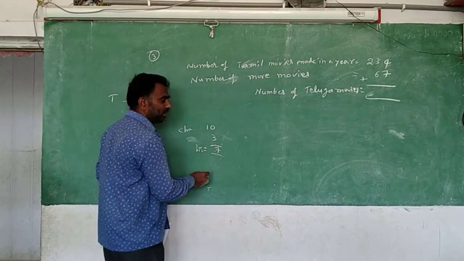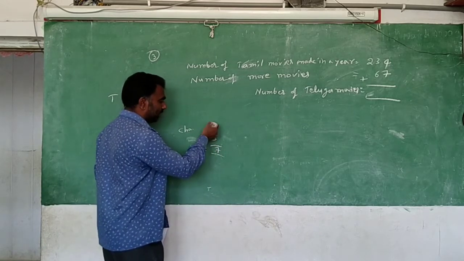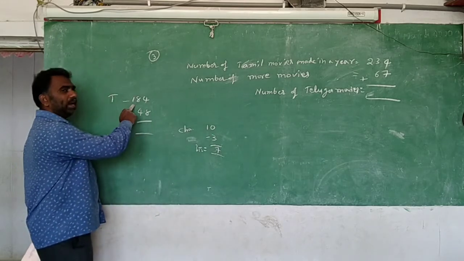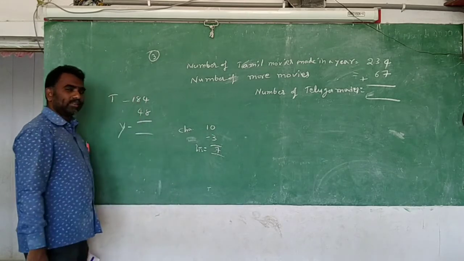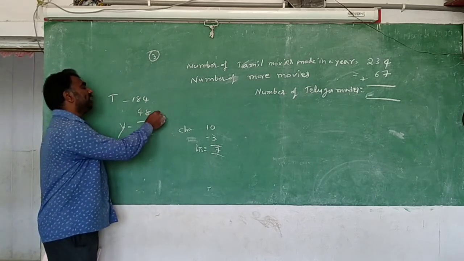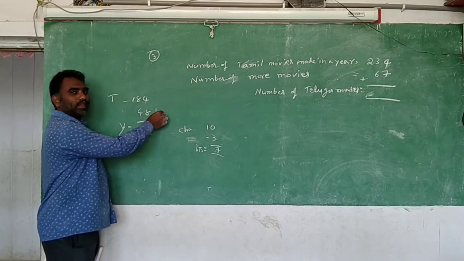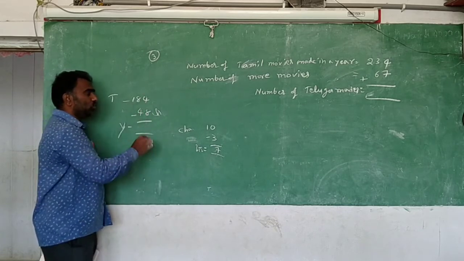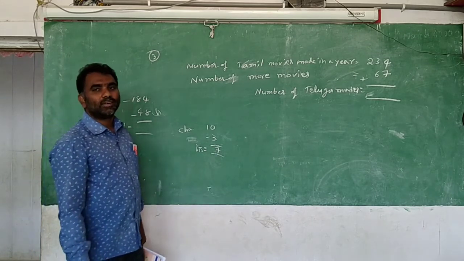How did you get this 7? By subtracting here. Same like that, Tendulkar made 184 runs. Yuvraj Singh made 48 less than him. Then how many runs made by Yuvraj? Means what should we do? You should do the subtraction.